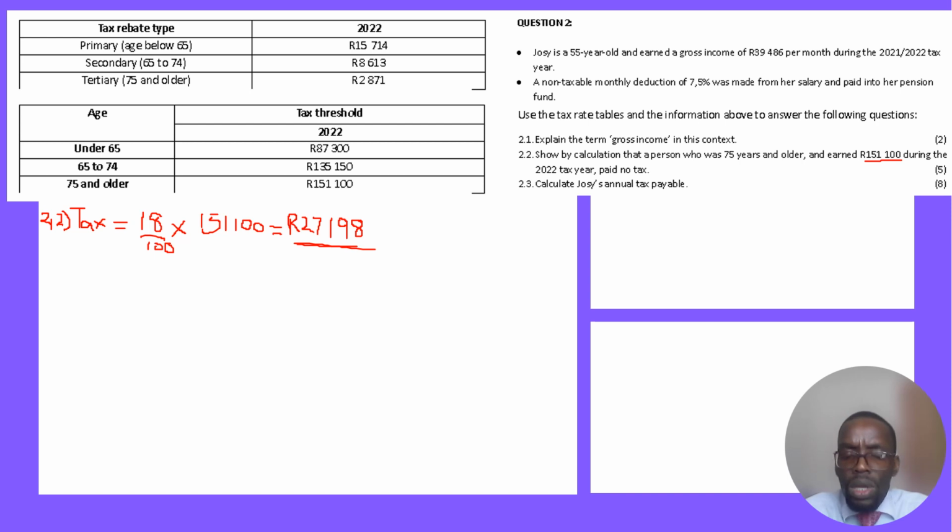Okay, now if this person is 75 years, because the question says who was 75 years and older, it means the person is going to fall in this rebate category, this one here.